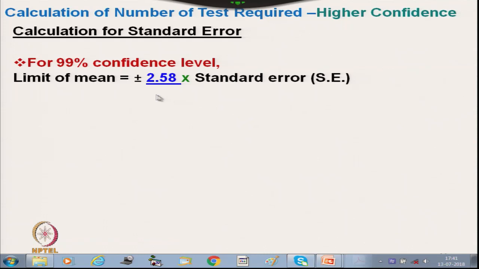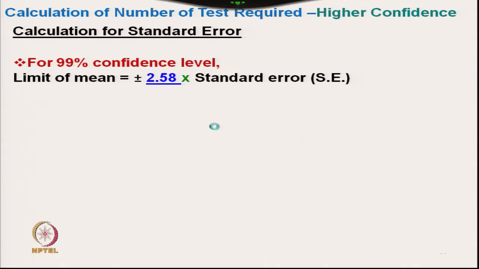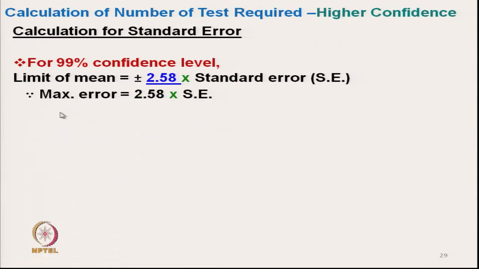So, as it has become 2.58, everything will change. This limit is the same, but as it has become 2.58, the standard error will change. The maximum error is 0.196.